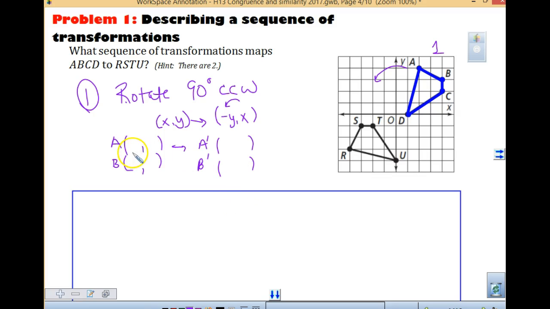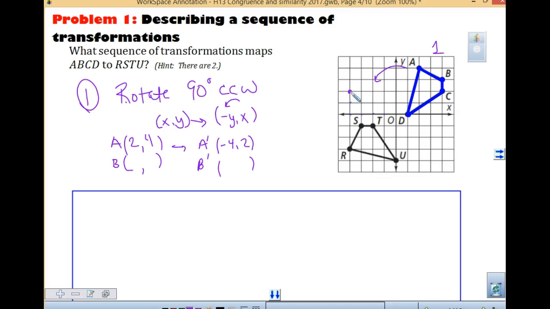Sophie, what do you have for A? Where is it located? 2, 4. So our new A prime, Sophie, is going to be where? A prime would be -4, 2. Okay. So I'm going to go to -4, 2, kind of see if that's going to work right away. Okay, that looks like it could be, right?